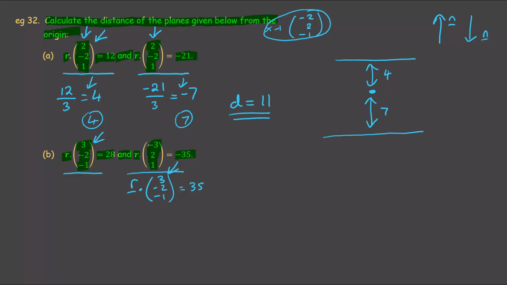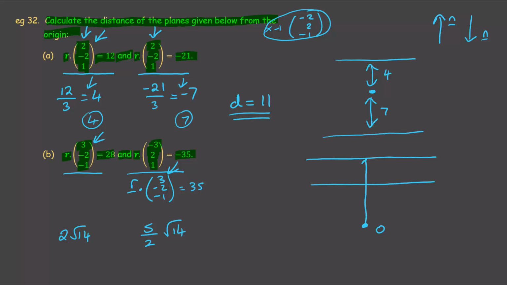This one, when we worked out d, it turned out to be 2 root 14. And for this one, it was 5 over 2 root 14. Both were positive, the same sign, and that means that they're the same side of the origin.